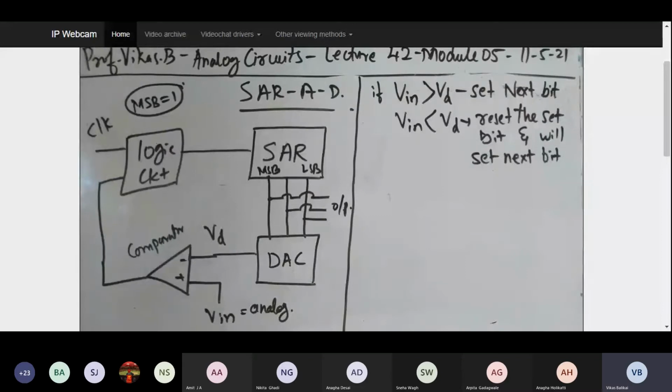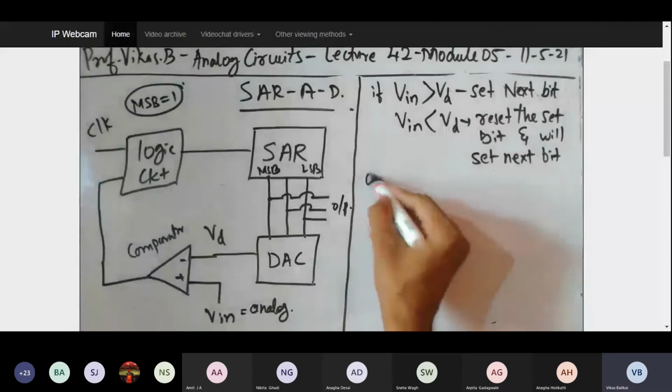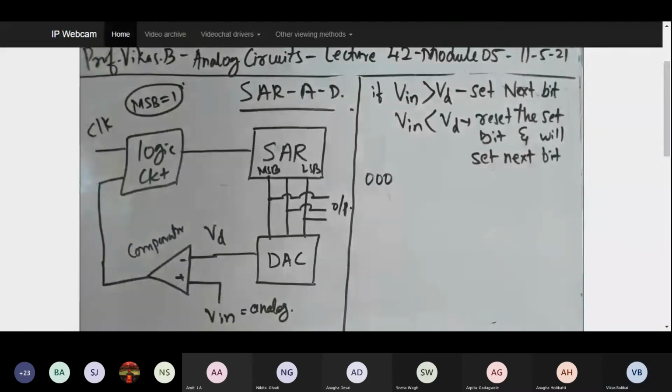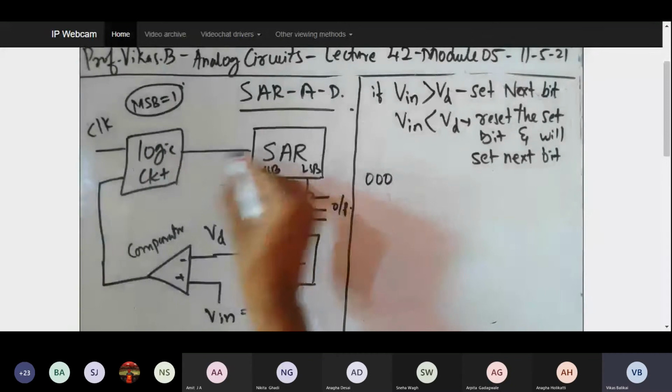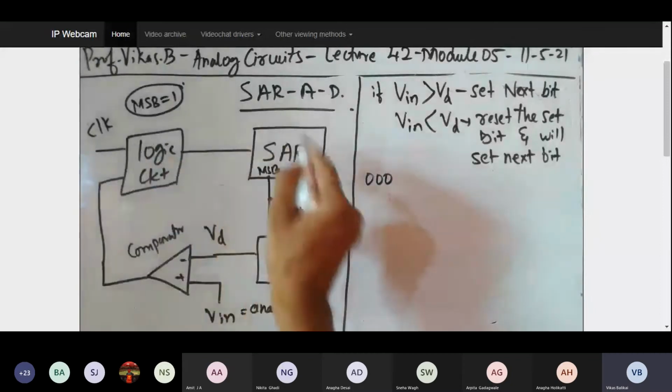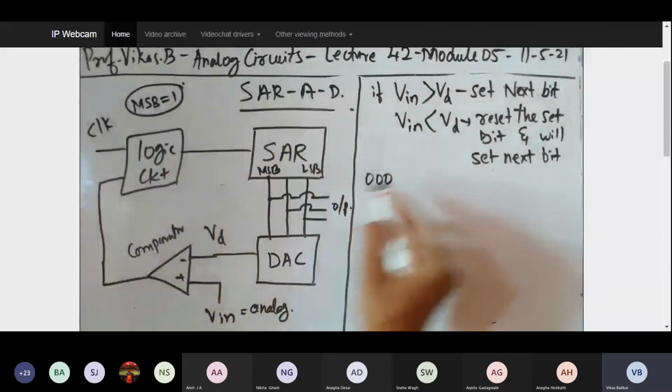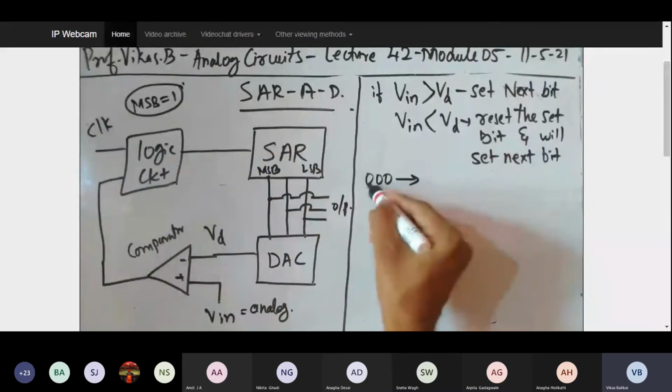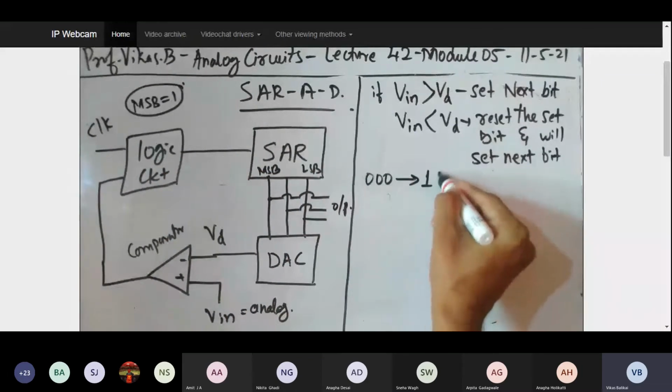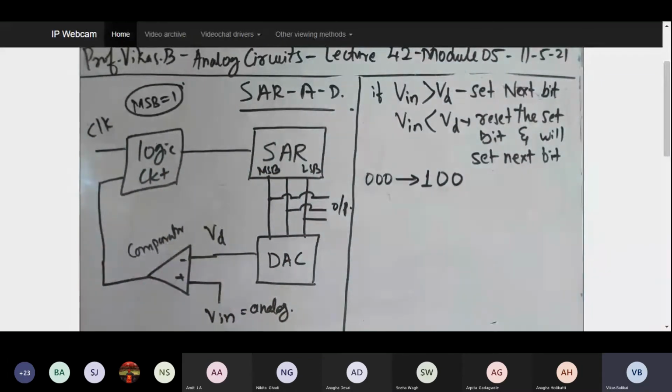Now let's consider, before that, the input we are applying is 0 0 0, and the moment these inputs are pushed into the SAR, successive approximation register, it will set the MSB bit to 1. So my first value will be 1 0 0.